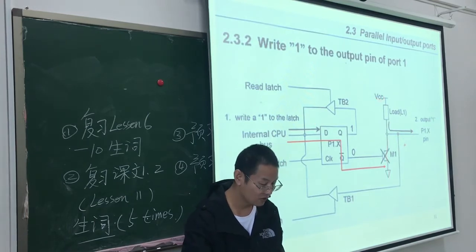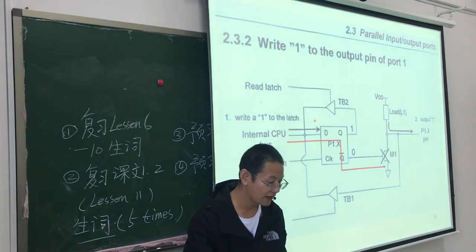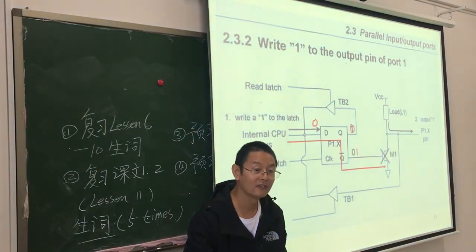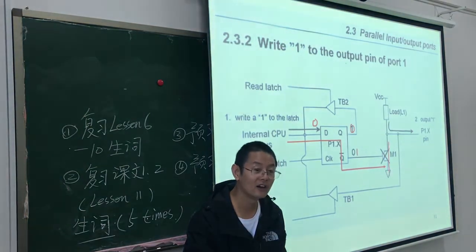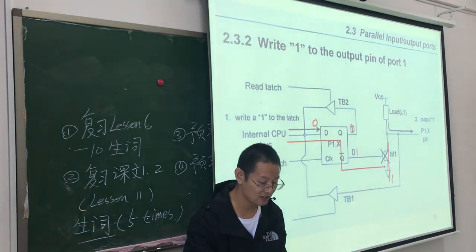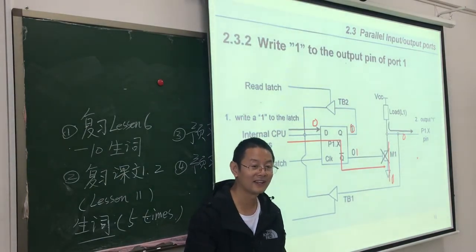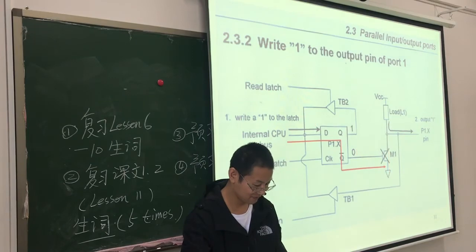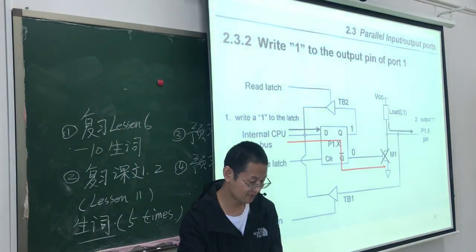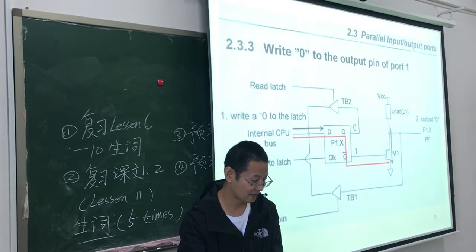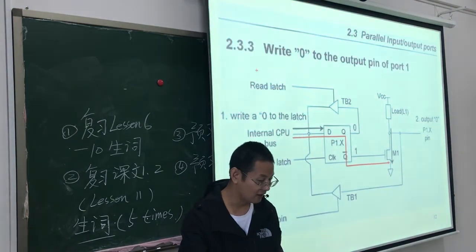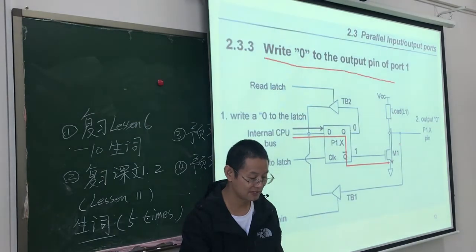If we write 0 here, Q bar is 1, which means the electric flow can pass and here is 0. Write 0, that can pass.